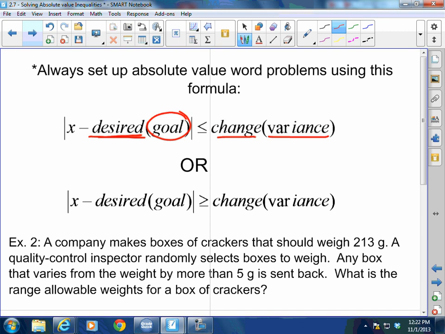And you can have less than or equal, or you can have greater than or equal to. It really depends on what they ask you. But the main equation here is x minus the desired is either equal to, less than or equal to, or greater than or equal to the change or the variance. If you know that formula, this is actually quite a joke.